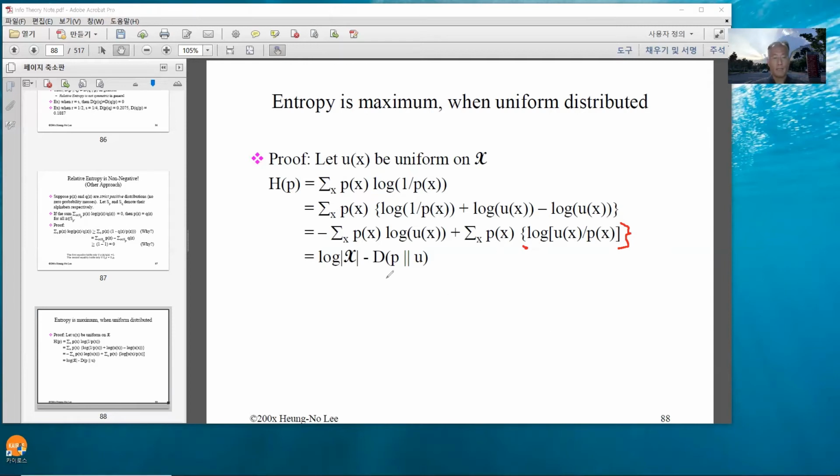Once I have done that, basically the first part is log of the size of the alphabet. Why? Ux is uniform on X. That is the reason. And then this second part is nothing but negative relative entropy. Note that this is Ux at the top, Px at the bottom. So this is negative relative entropy between P and U.